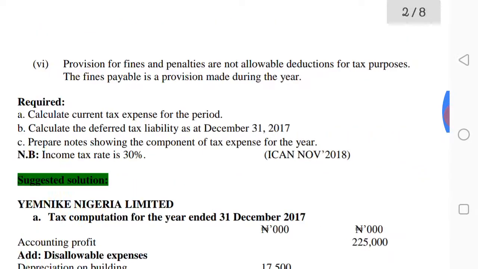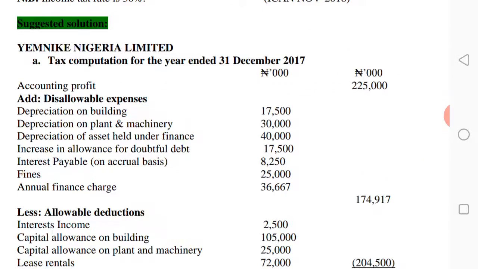So that is where I came here. 10% of 175 million is 17,500,000. For this one we are told it is 30 million. And this is 20%, and 20% of the carrying amount, which is 200 million, is 40 million naira.